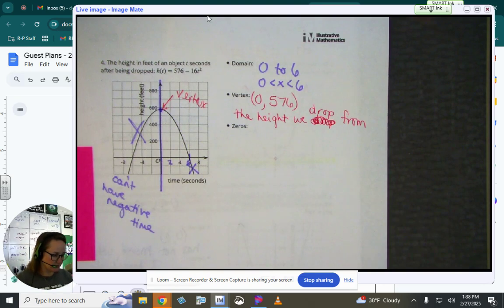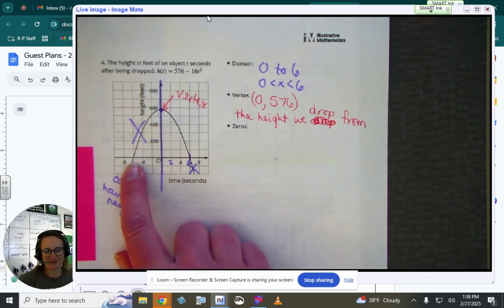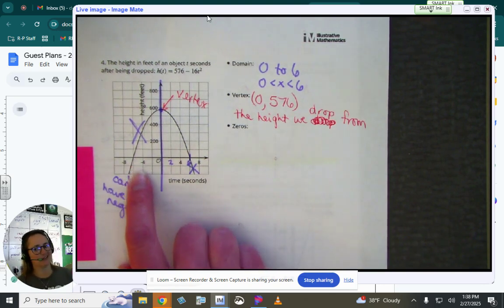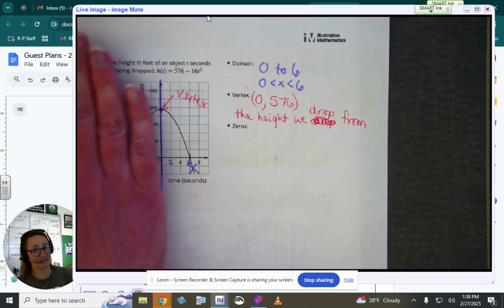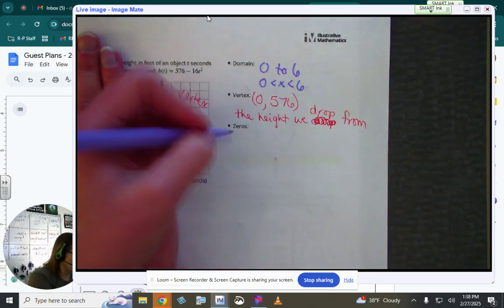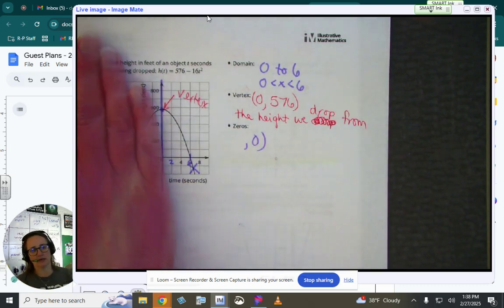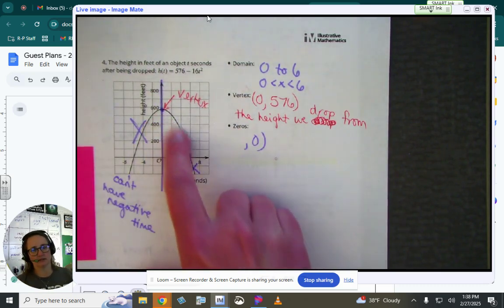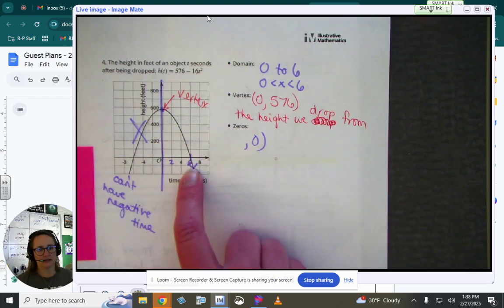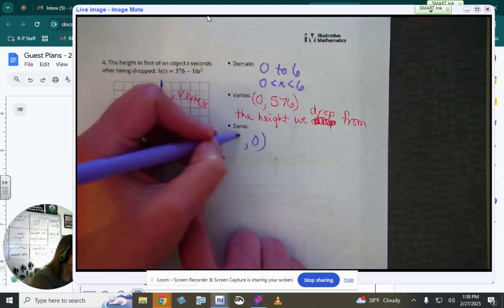And then the zeros of the function, I mean, there is one over here at -6, but again, that's not in our domain. It doesn't make sense. So the zeros are always when y equals 0, right? It's like this idea of when is it going to hit this x-axis, and it hits when x equals 6.